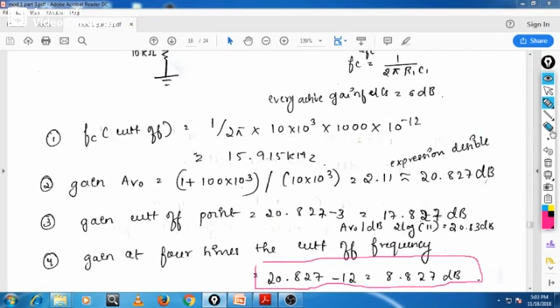Now see, this is our curve. Let me try to explain here.